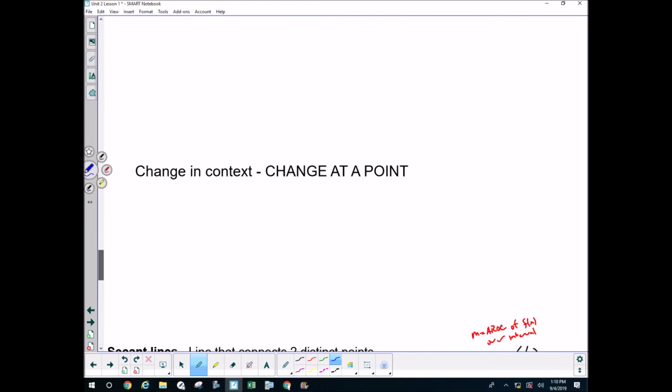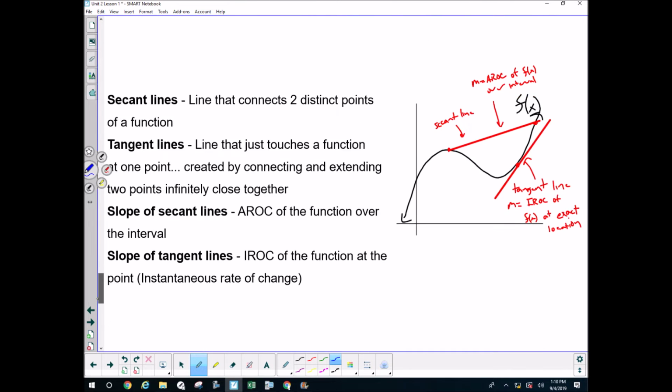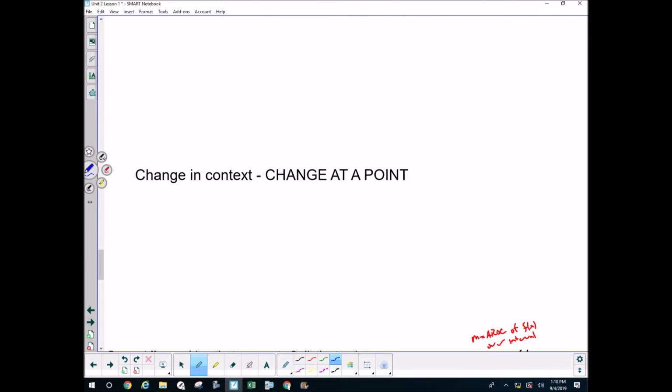We're coming back, okay? So, change in context, change at a point. It's not on average over an interval, it's at an instant. We will call it an instantaneous rate of change. A change at a point is an instantaneous rate of change.